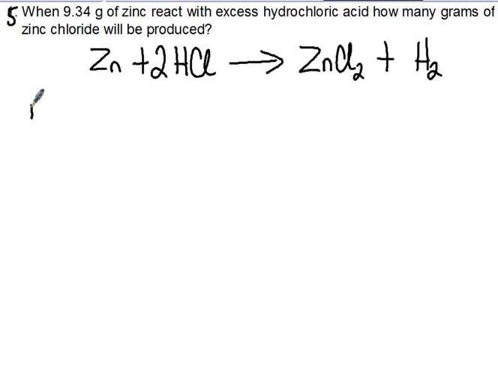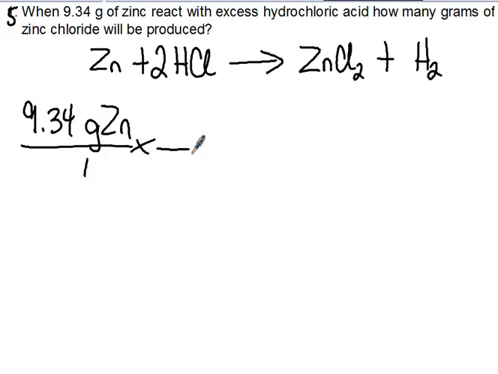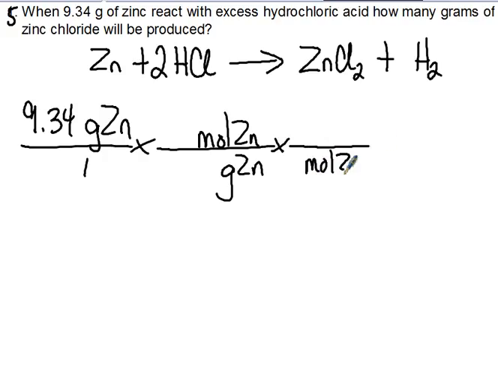I'm going to put my given over 1, so 9.34 grams of zinc. And I'm immediately going to write this unit, grams of zinc, below the line, and the only thing that can convert to is moles of zinc. Then I'm going to put moles of zinc below the line, because whatever I put here, I automatically put here.